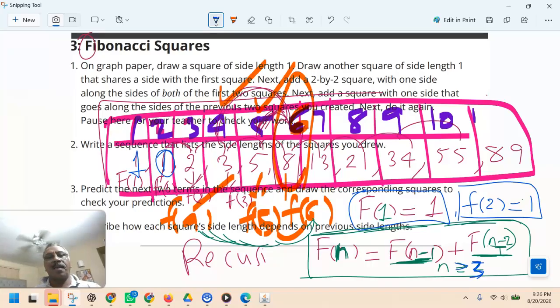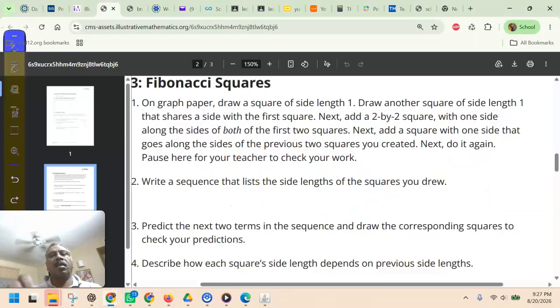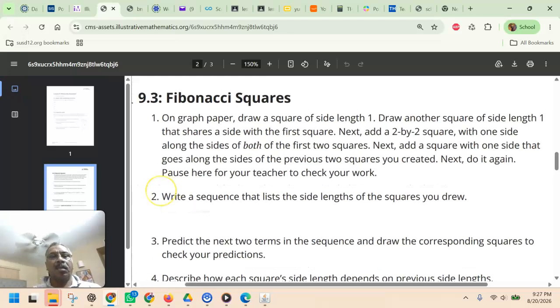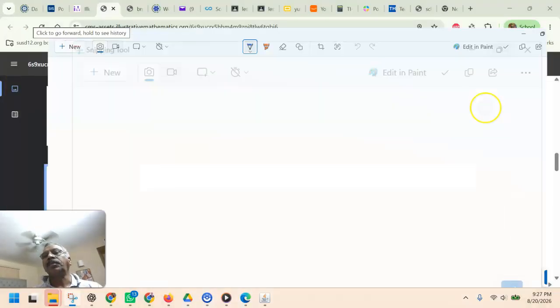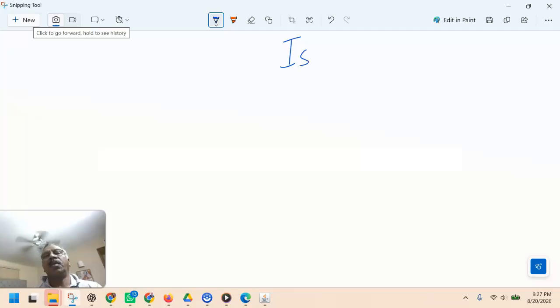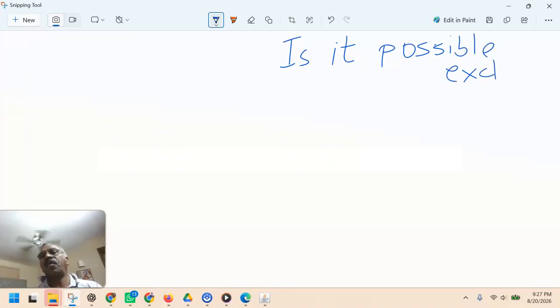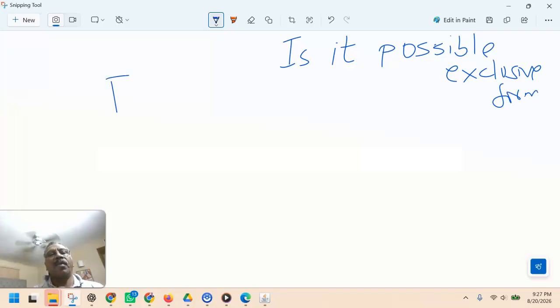But the question is, is it possible to write an explicit formula? Like, can we write F of n equals some kind of formula?